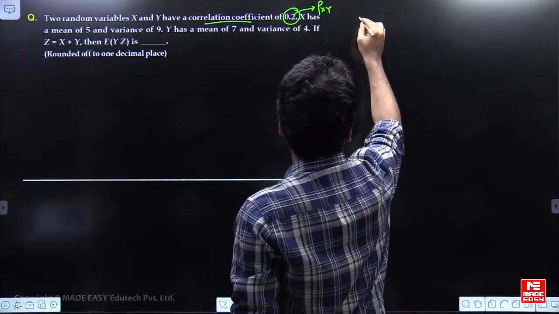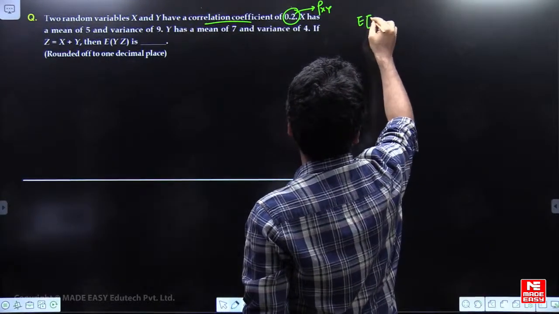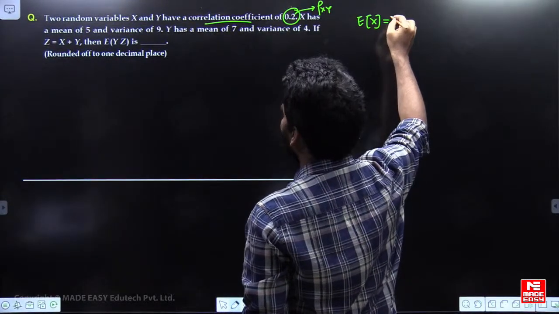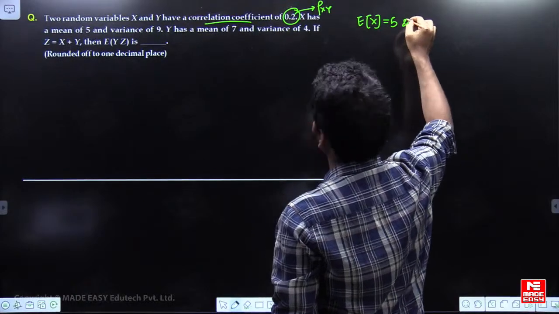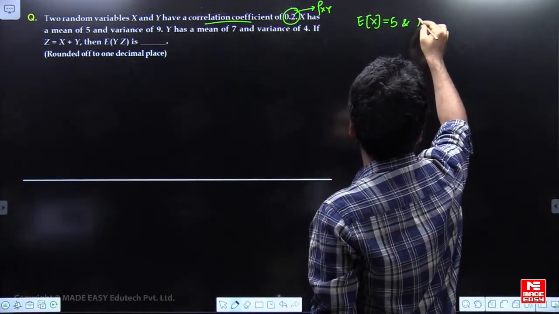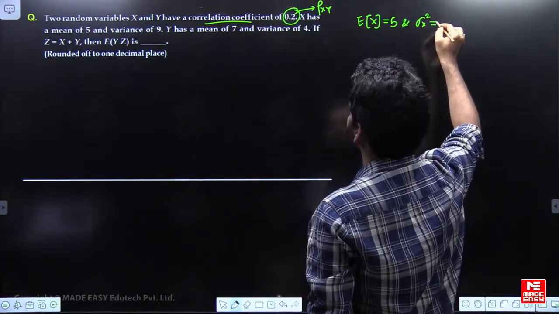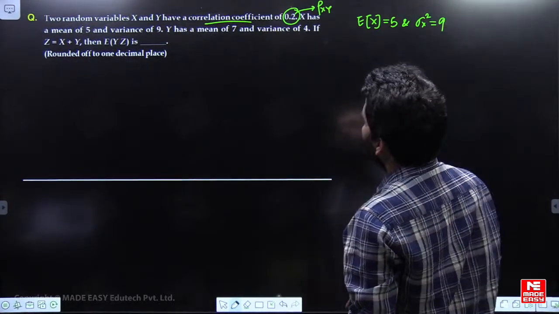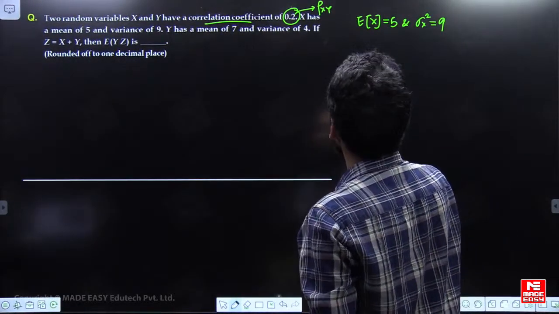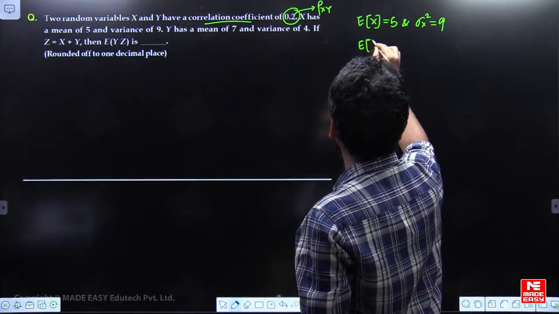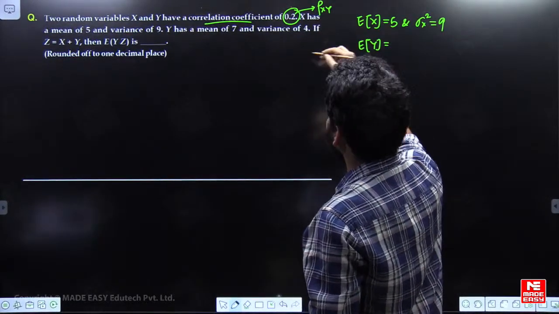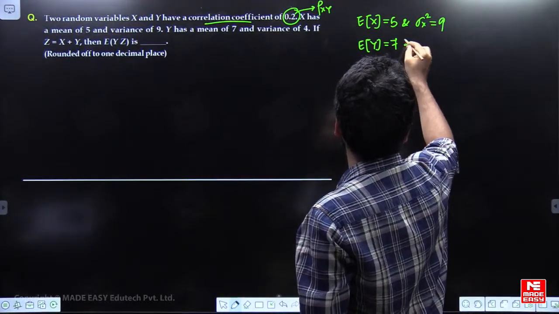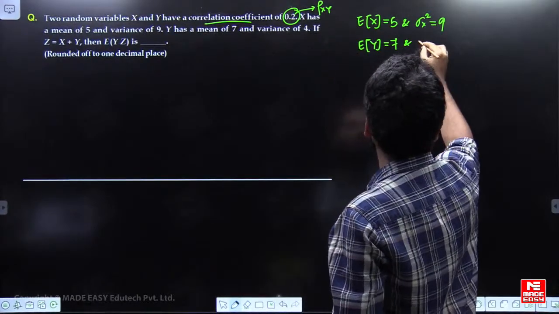So expectation of x, the mean, is 5, and variance of x, I'm denoting with sigma x square, is 9. What about y? Y has a mean of 7, expectation of y is 7, and the variance is 4.